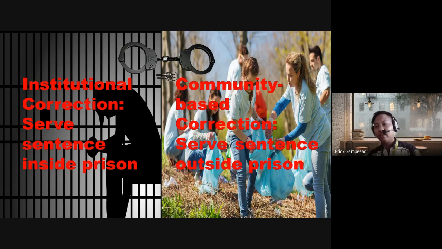But if the offender is not qualified to be granted parole, probation, pardon, etc., then he or she may serve his sentence inside the prison. So that's all in this particular topic.